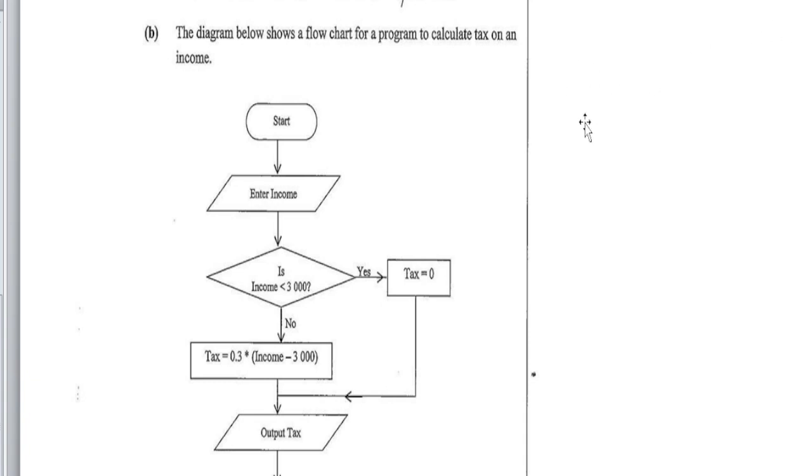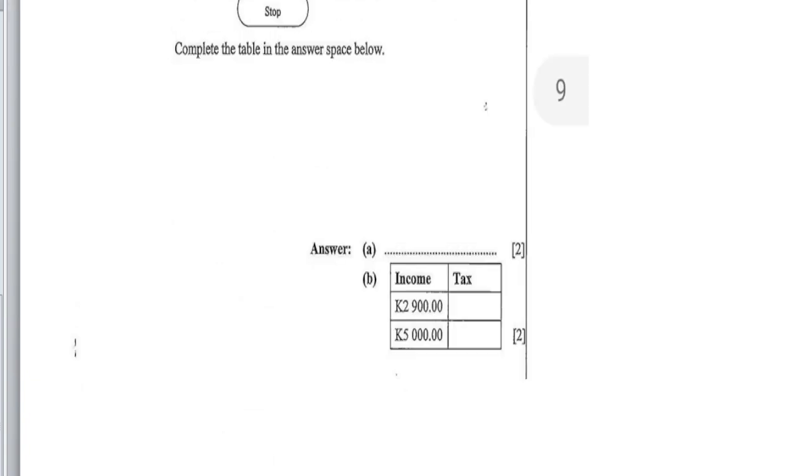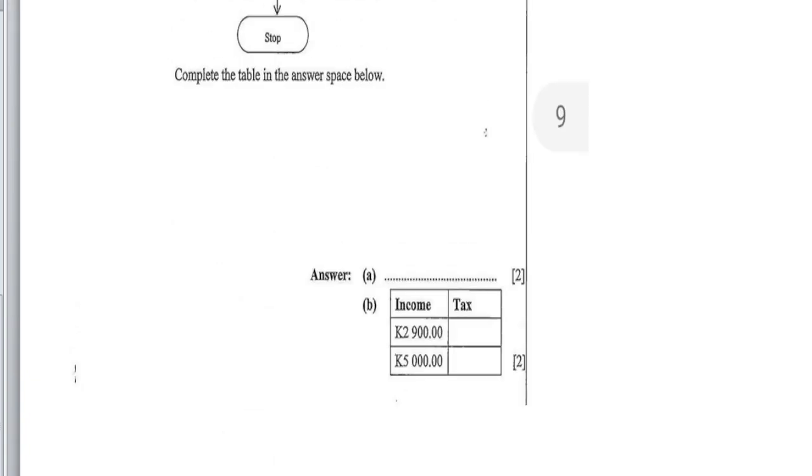The diagram below shows a flowchart for a program to calculate tax on an income. So this is the diagram. I want you to follow the diagram very carefully. Once you are done following the diagram, the question says complete the table in the answer space below.